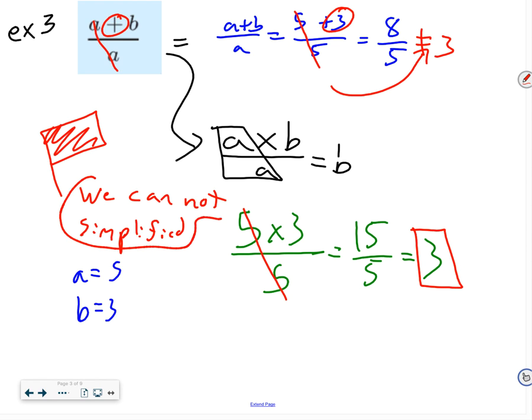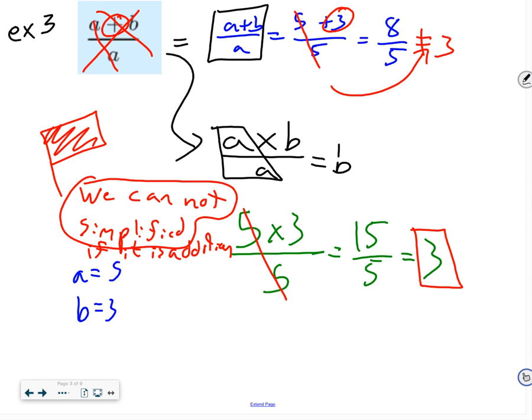We cannot simplify something if it's addition, not multiplication. So this cannot be simplified. The simplified answer would just be a plus b over a.